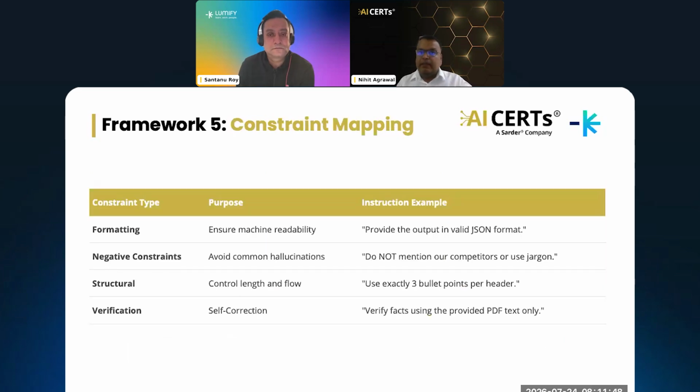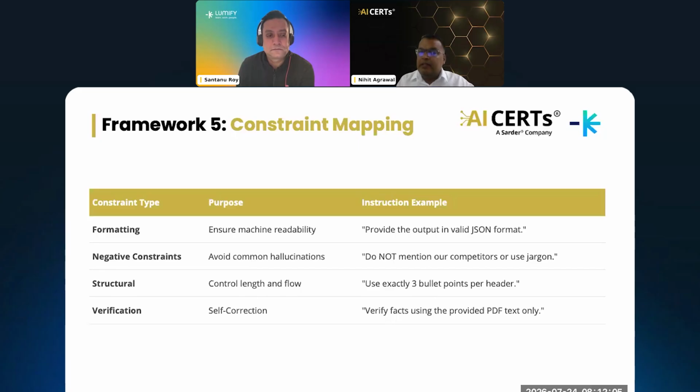Next, we have constraint mapping. While the previous frameworks focus on giving AI context, examples, or structured steps, this framework focuses on something equally important, which is setting clear rules.